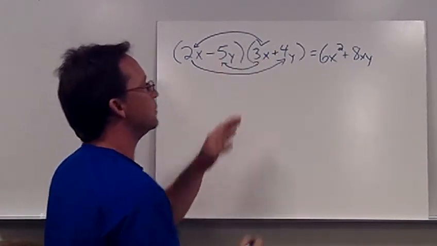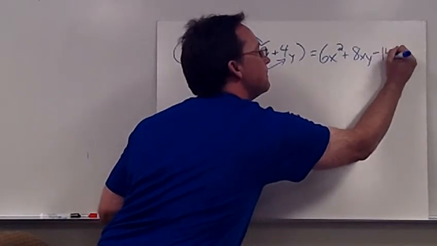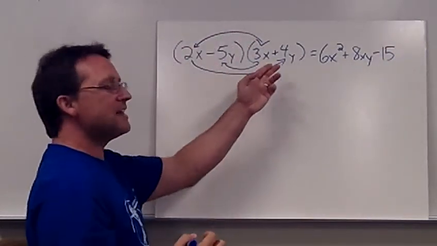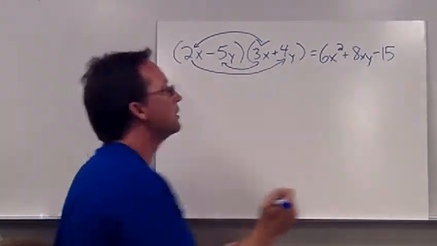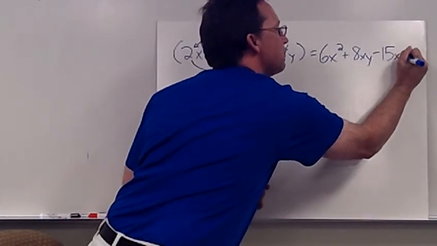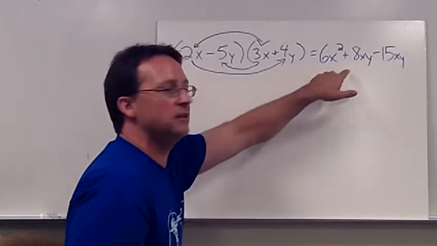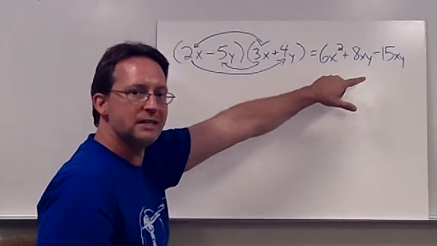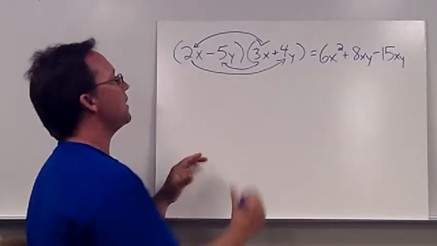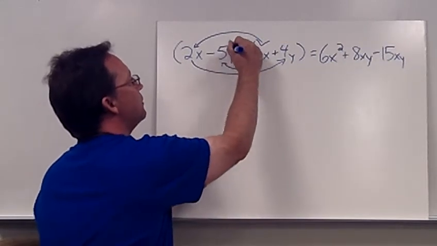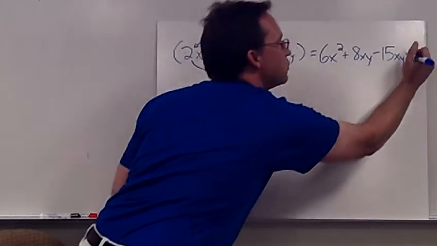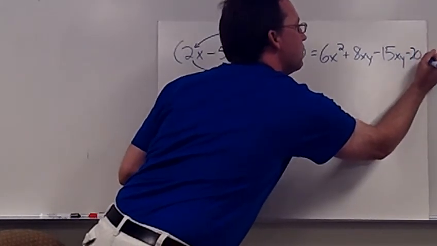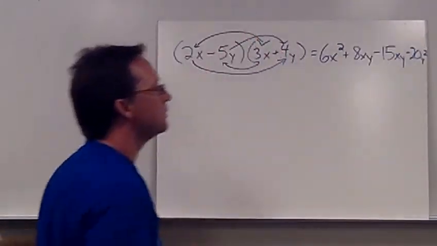It's going to be a negative 15. And y times x, you'll save yourself some trouble if you go ahead and make that xy. Go ahead and put those in alphabetical order. You'll notice the like terms combine a little bit more easily, I think, if you do it that way. And then finally, negative 5y times a positive 4y. We've got negative 20. And then y squared.